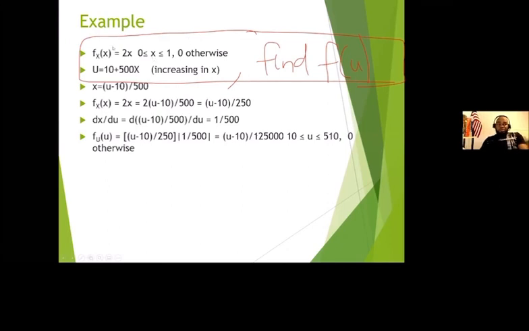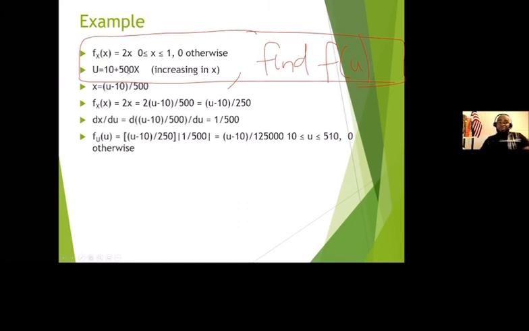Because I'm only considering x, this is going to involve a one-to-one transformation. I want to go from x to u. So I will first solve for x in terms of u.